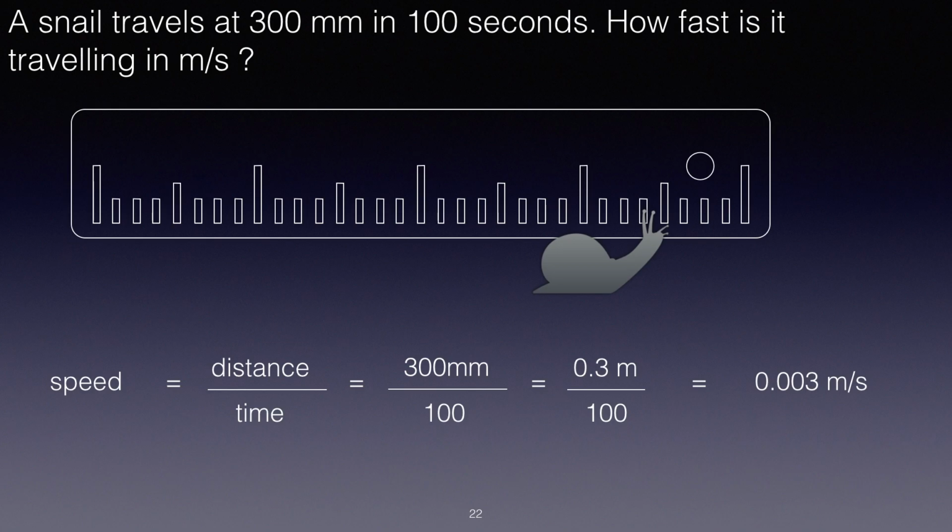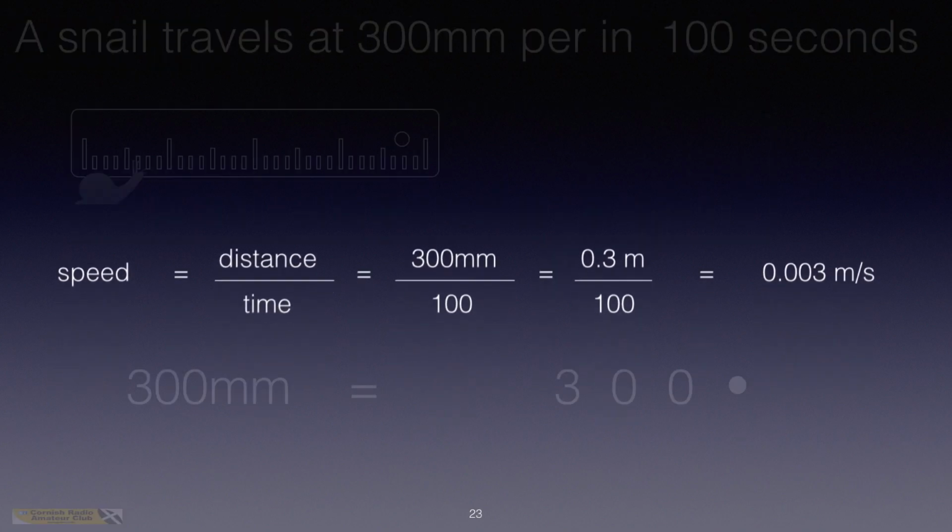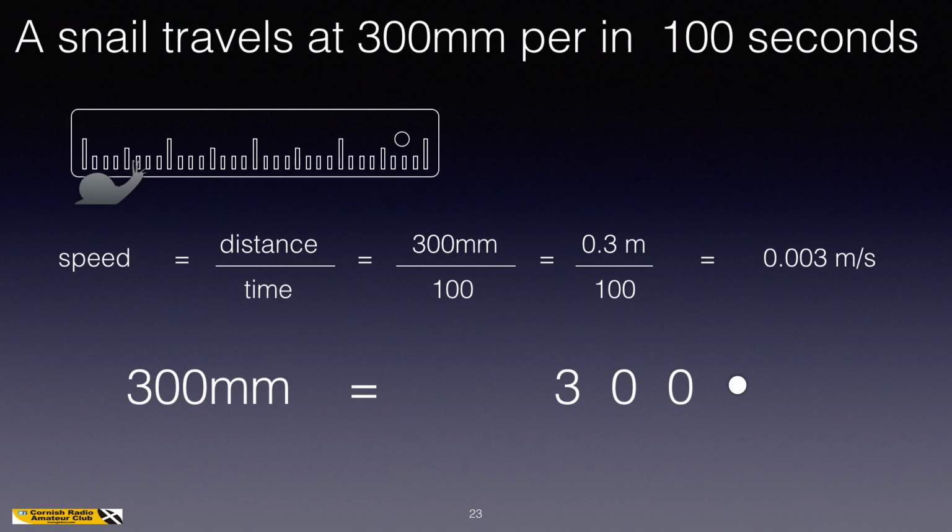Let's look at the decimal point hopping for this example. 300 millimeters is equal to 300 point something something something, or 300.000. But here we need to go from millimeters to meters, so we decimal point hop, but we hop in the opposite direction.